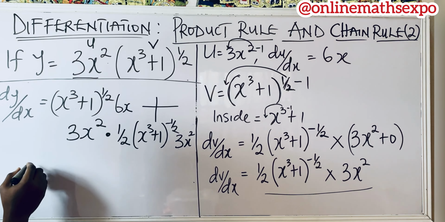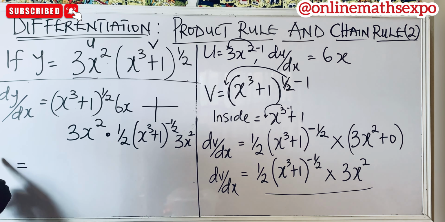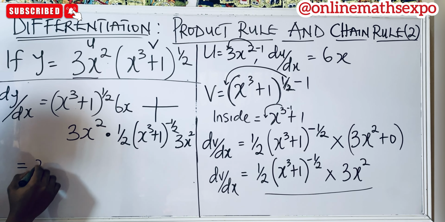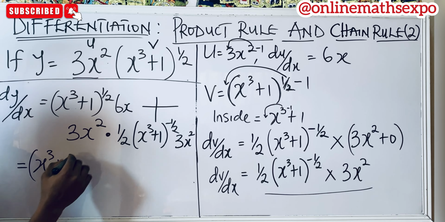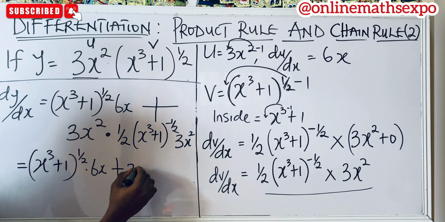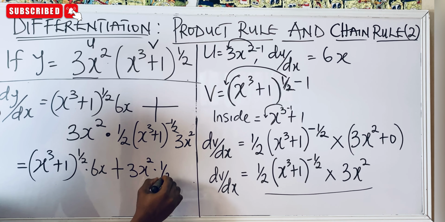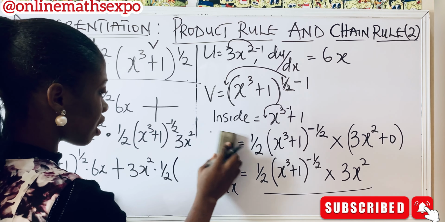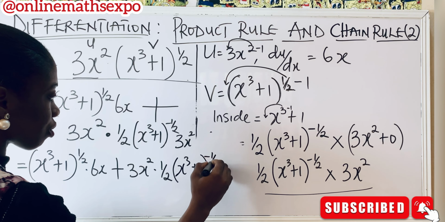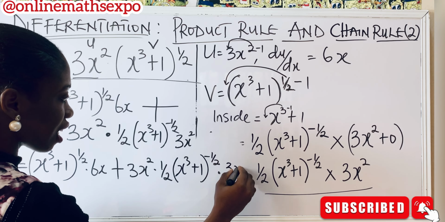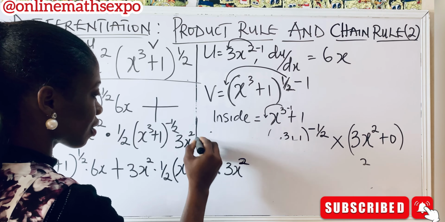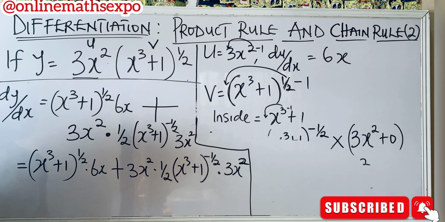We have dy dx is equal to, let's write this out so that it will make sense, x cubed plus 1 to the power of half multiplying 6x, plus 3x squared multiplying half into x cubed plus 1 to the power of negative half multiplying 3x squared. So this is what you have.